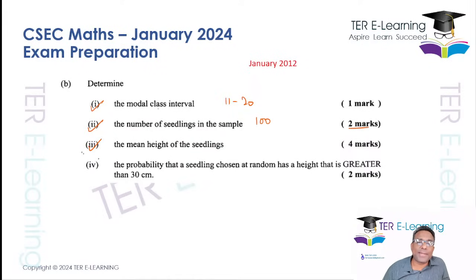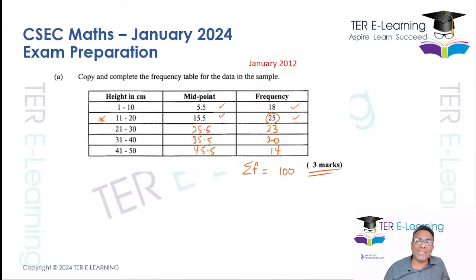And the next part here, they want the mean of the seedlings. Now if you notice, they're giving you plenty of marks for this part. What does it mean? This table that we have here is what we call grouped data. And if you want to find the mean, the mean is given by x bar, and the formula is sigma xf over sigma f.